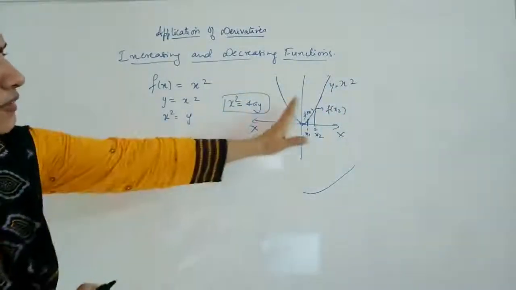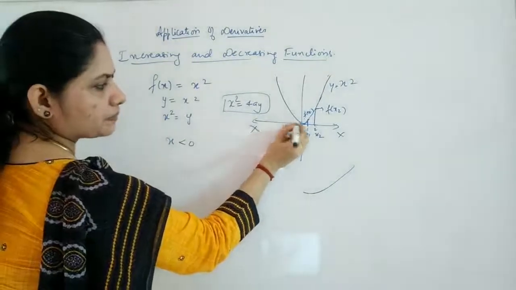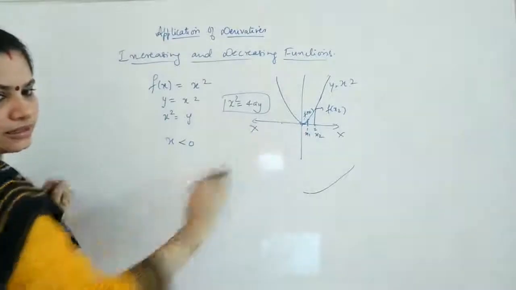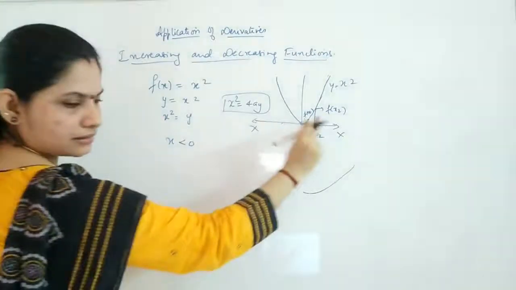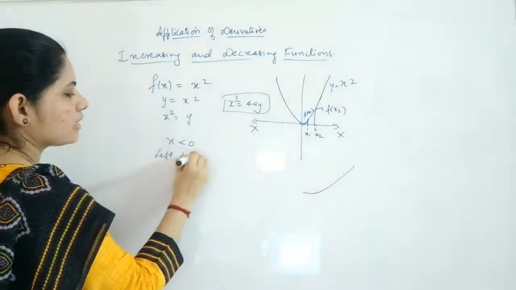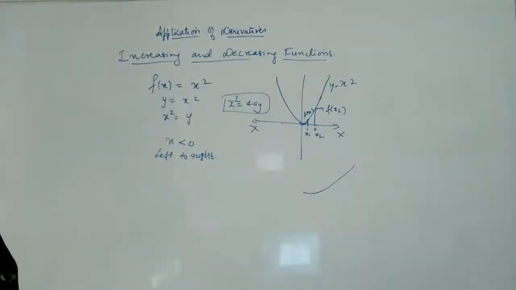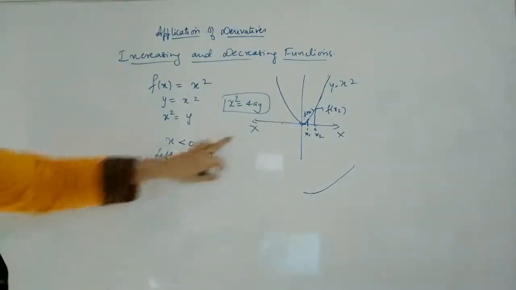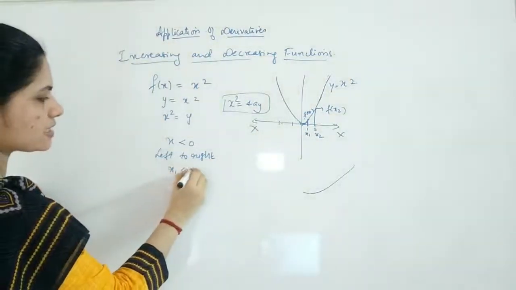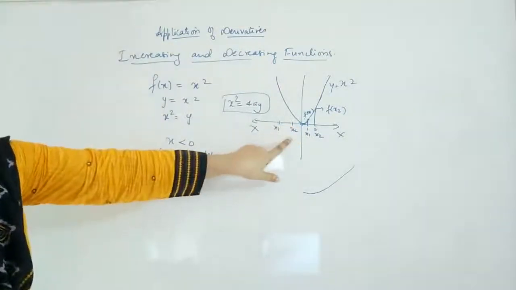Now when we go to the left hand side, the function value is less than 0 here. But as we go from left to right, x is increasing. Moving from left to right, when I am taking x1 is less than x2, suppose this is your x1 and this is your x2, means this one will be less than this.